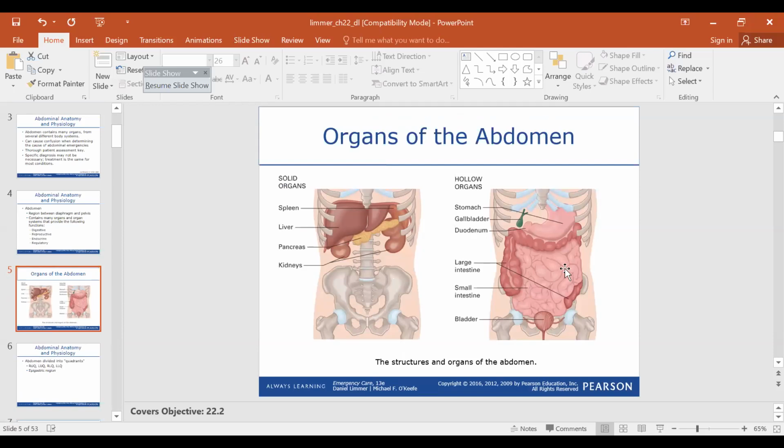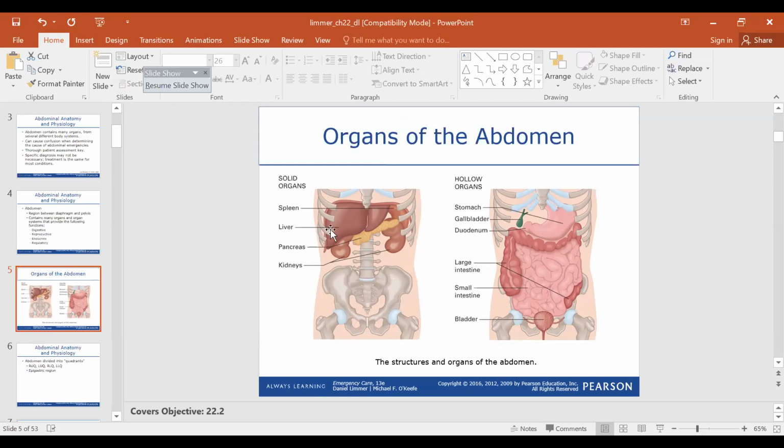So the biggest takeaway from this picture that I want you guys to understand is that most of your solid organs are going to be on the top portion of the stomach. They're going to be in the epigastric area of the stomach. Most of your hollow organs are found right here. Your intestines, your stomach falls kind of in both areas.